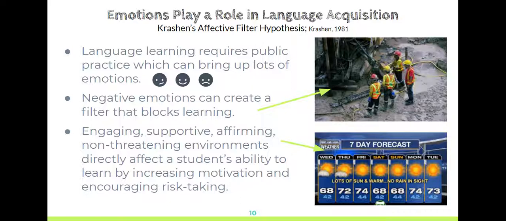However, if we are providing a very engaging, supporting, affirming, non threatening environment to students, it's like having a sunny forecast where the workers are going to be able to get a lot done. In the classroom, lots of language learning is happening. Students are acquiring language, and they're taking risks and they're feeling good about it.